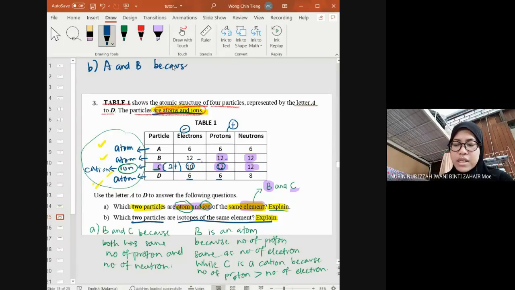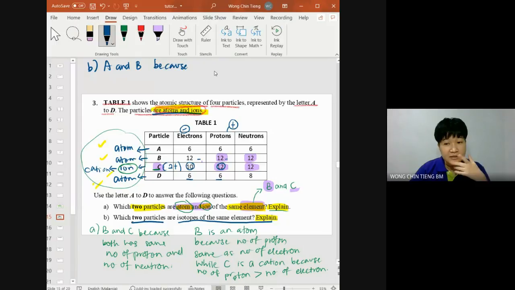A and D have the same number of protons and different number of neutrons. Yes, it's basically the definition of your isotope, because both have the same number of protons but different number of neutrons.